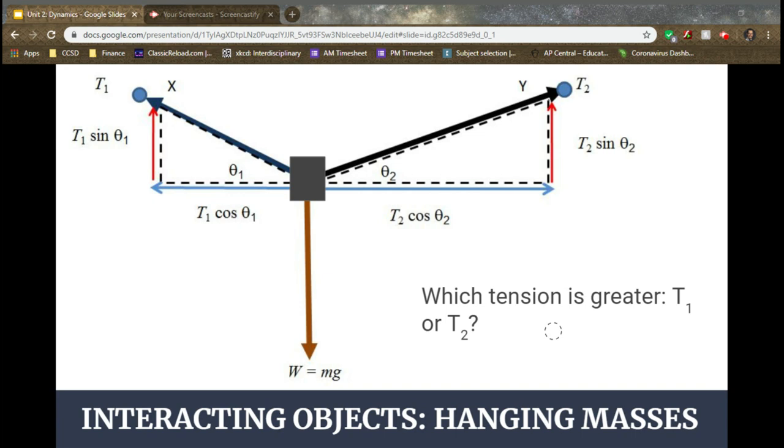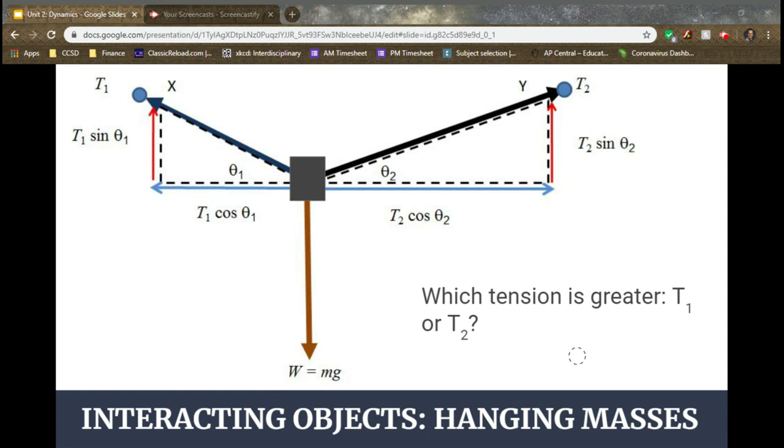This one's more complicated. Which tension is greater? Tension 1 right here or tension 2? Keep in mind, this graphic happens to break these tensions into component parts for you. So use your knowledge of this to think about it and see what you can come up with, okay? Pause the video if you need to.